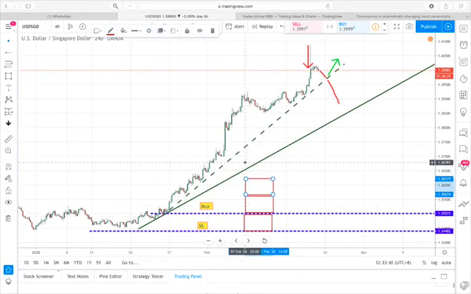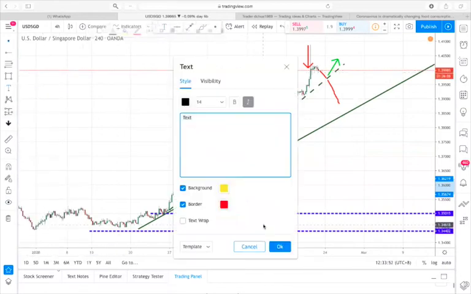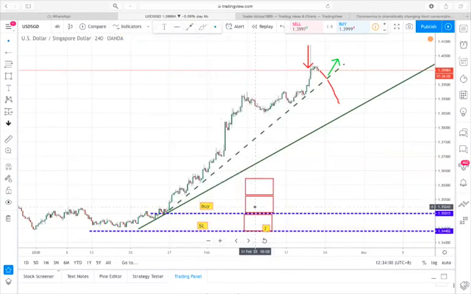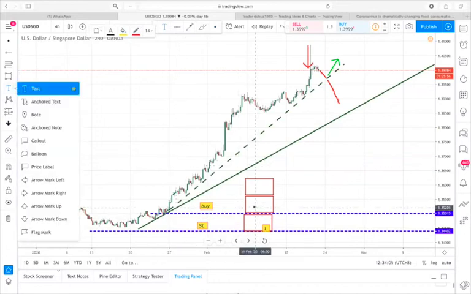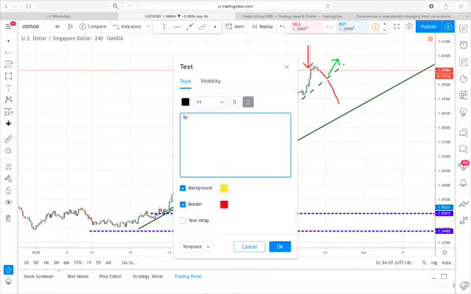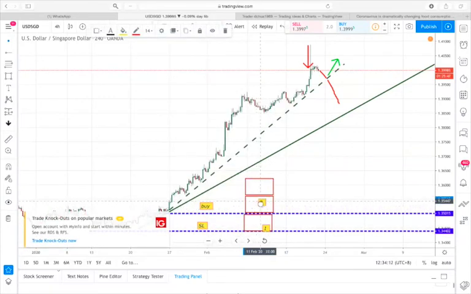Just estimate from here: 4, 5, 6, 7, 8, easily. So 2 should be here, 1 should be here.